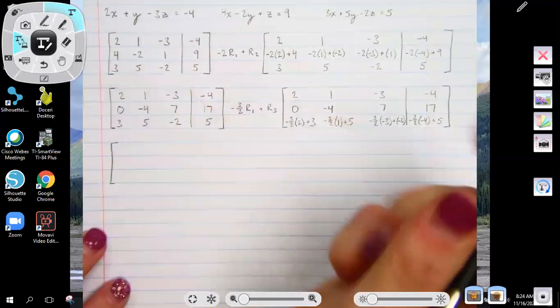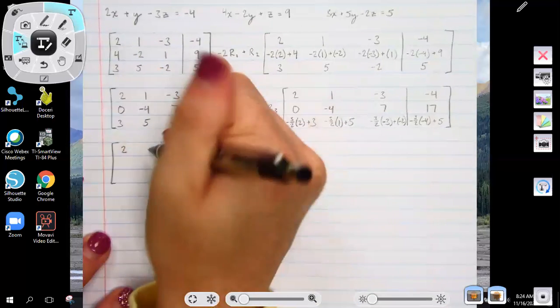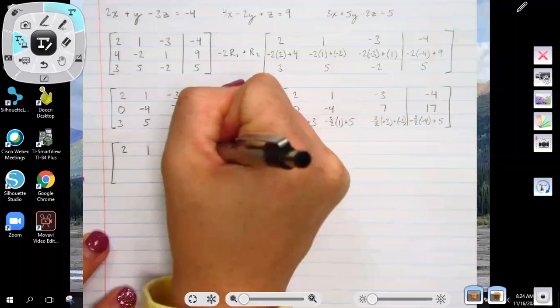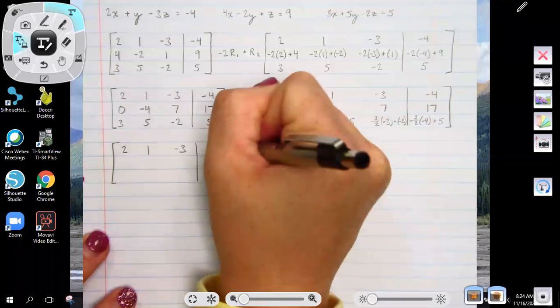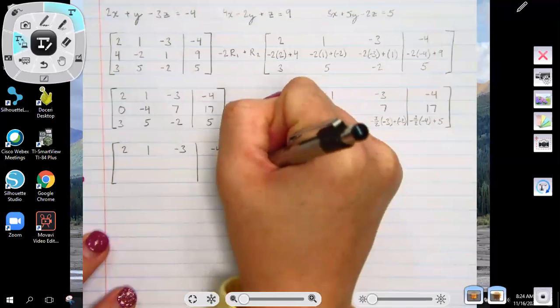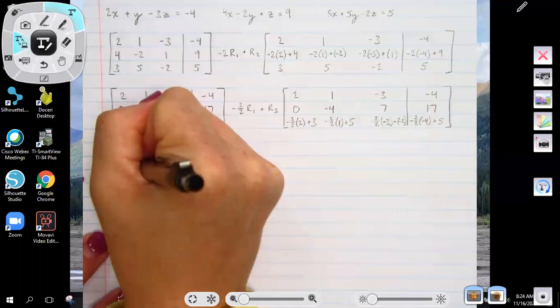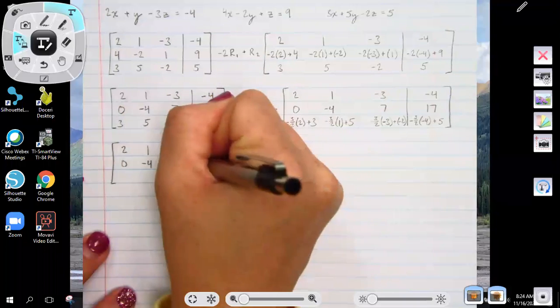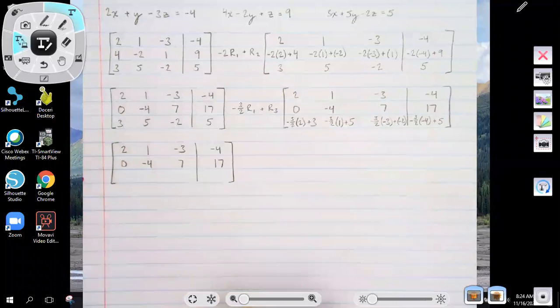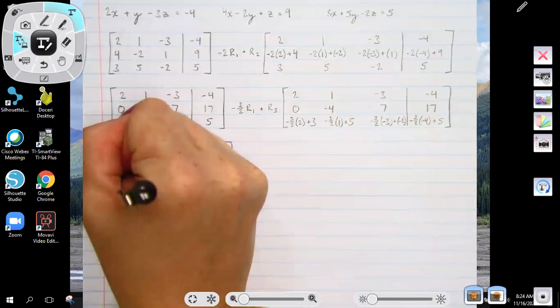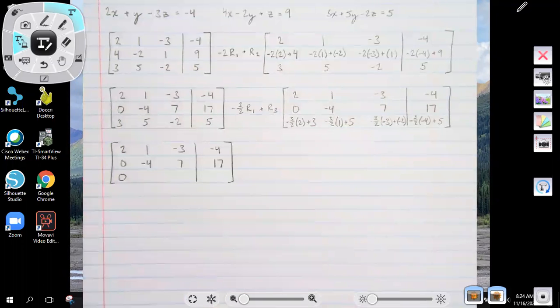Okay, let's do that little bit of math in the third row. So the first two rows stay the same. Okay, the third row, -3/2 times 2 is -6/2, which is -3, plus 3 is 0, which is what we were trying to get to happen.